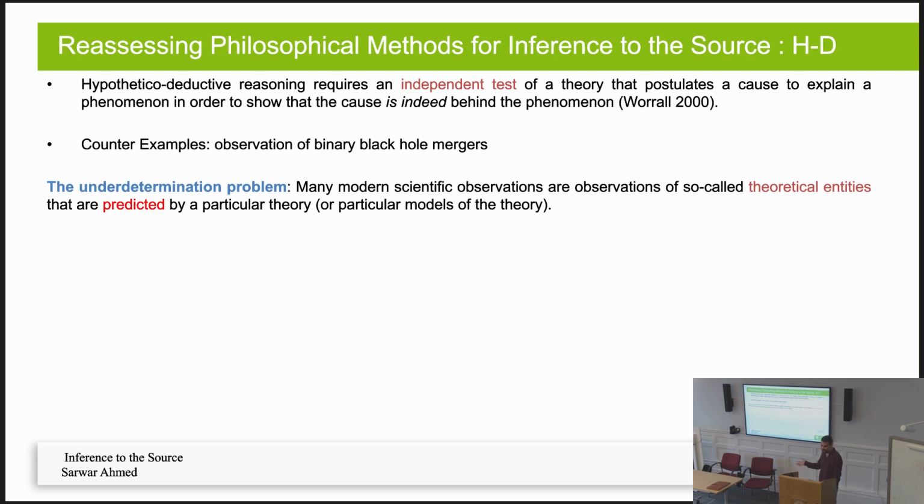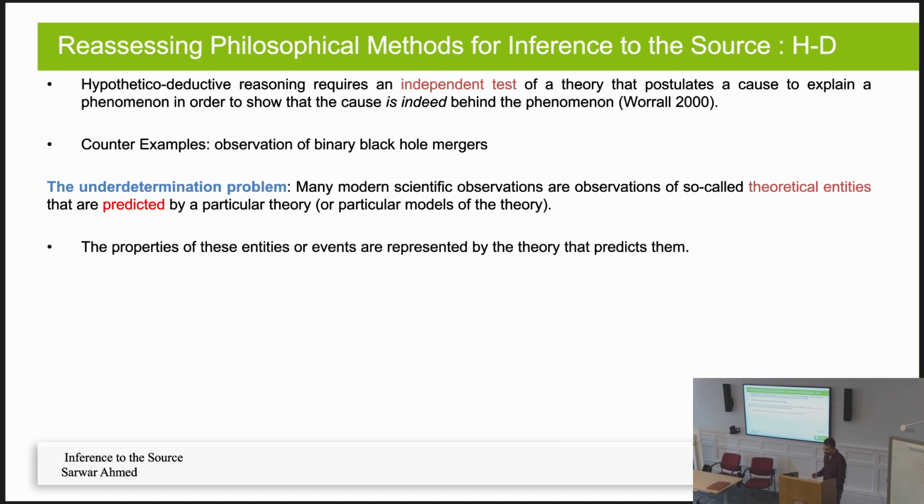And a more fundamental problem is an underdetermination problem. I believe that many modern scientific observations are observations of so-called theoretical entities that are predicted by a particular theory or models of the theory. And the properties of these entities or events are represented by the theory that predicts them, right?